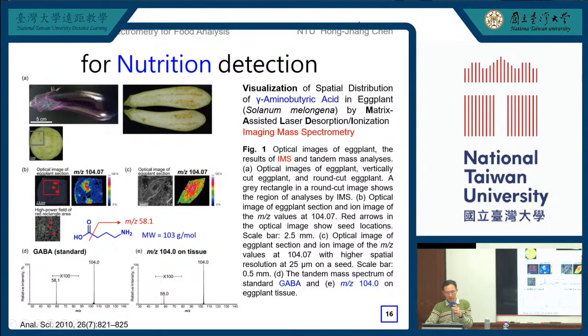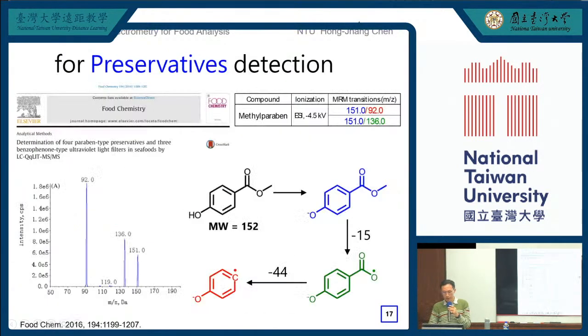So they detect the M/Z 104 to know that this one is GABA. Of course, they use the imaging, right? So they can use color to emphasize the level of GABA inside the plant. Okay, so this one uses MS for nutrition detection.